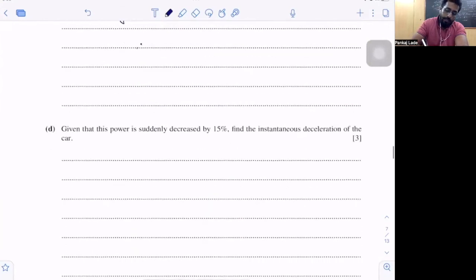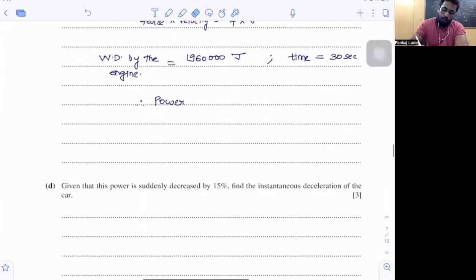Therefore, I can very easily find the power that has been developed. Power developed is equal to work done, 1,960,000, divided by 30 seconds. So what's the value? 1,960,000 divided by 30 is 196 thousands divided by 3. 196, no simplification further, thousands divided by 3.